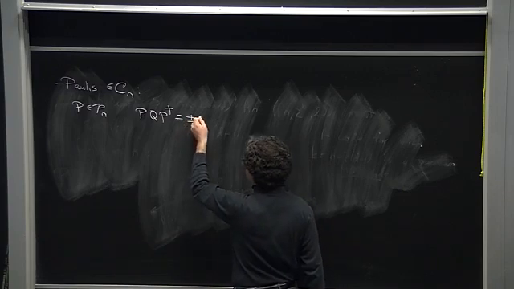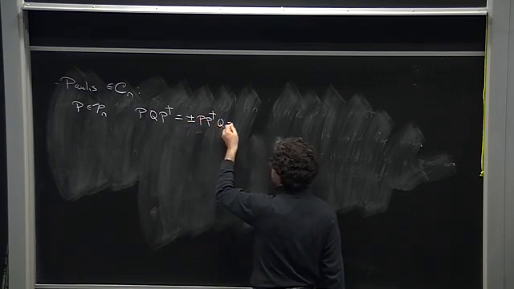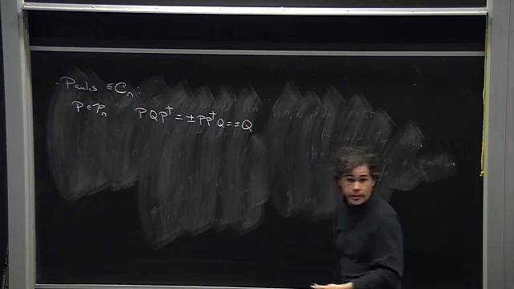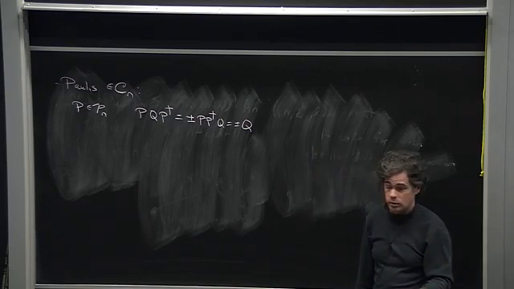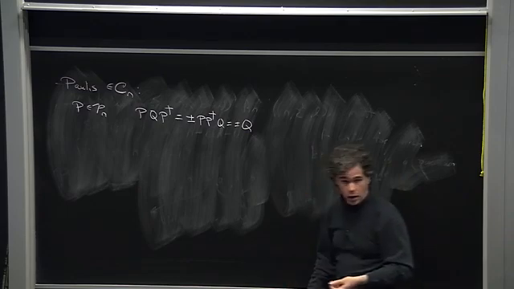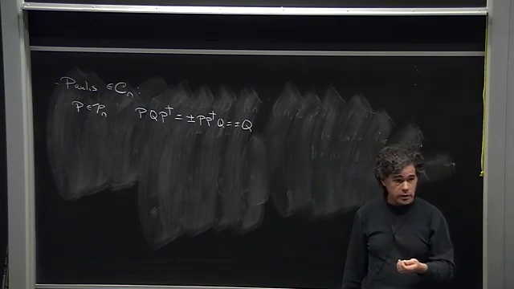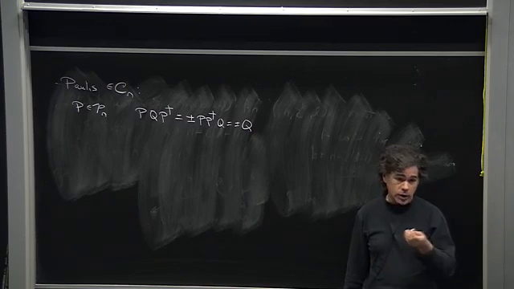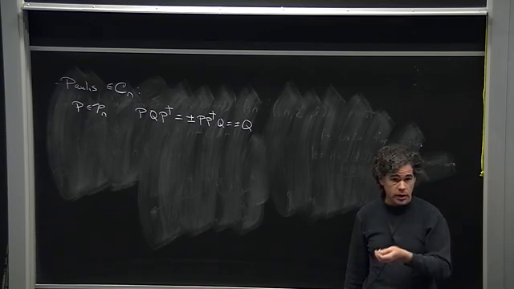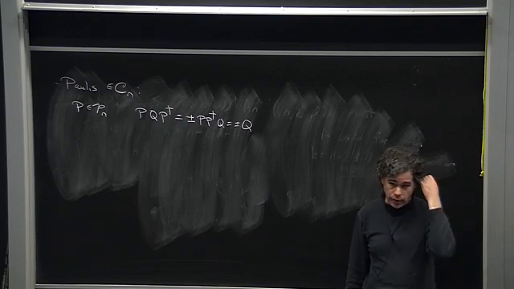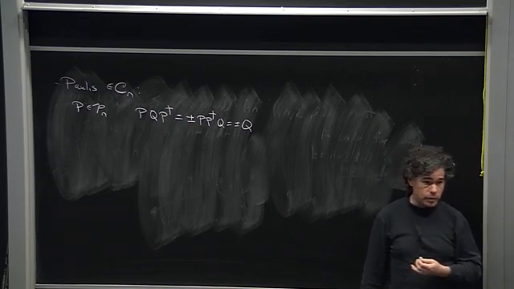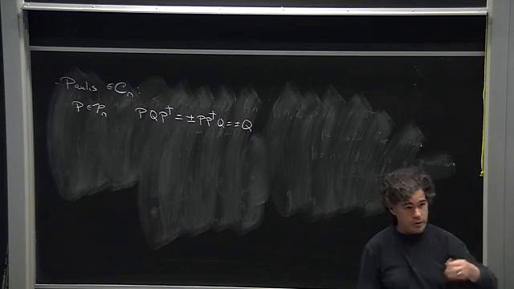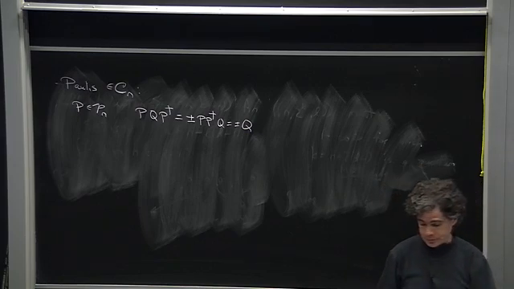So either way, we're going to get plus or minus P dagger P Q, which is plus or minus Q. Okay? And so if Q is in the Pauli group, this is also in the Pauli group. And in particular, we get a trivial map if P and Q commute, and a phase of -1 for the cases where they anti-commute. Okay, so conjugation by P switches the phase of half the Pauli group.